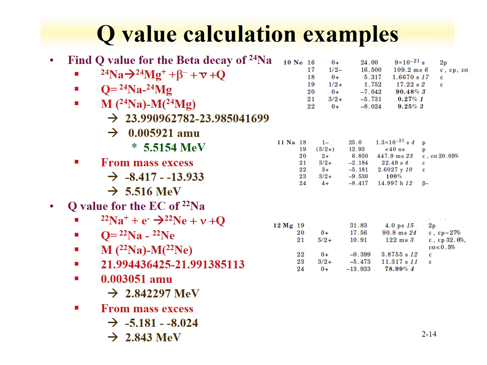So let's review what we've gone over about Q value calculations. Q value for the beta decay of sodium-24: sodium-24 decaying into magnesium-24, beta particle, antineutrino, Q value. Set up. Let's solve for the Q value. Remember that this daughter and the electron we can treat as together.